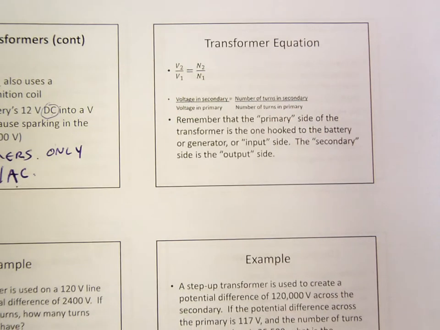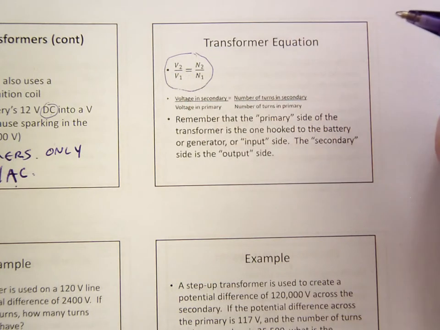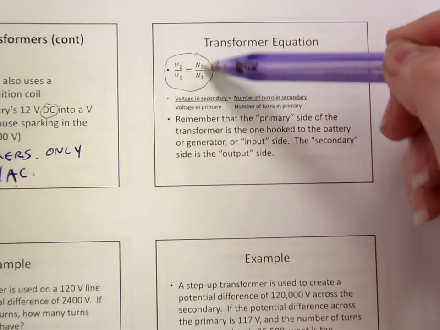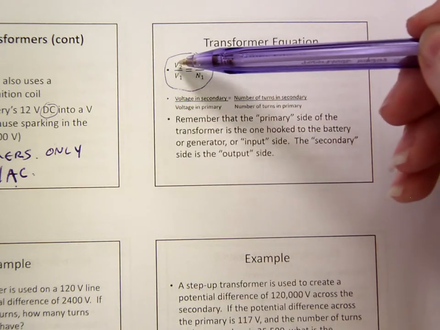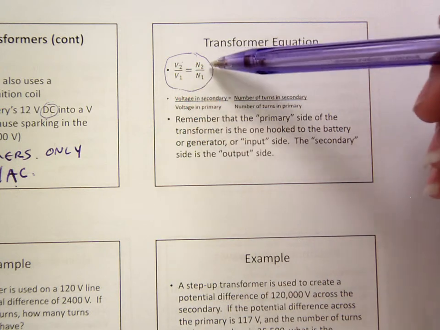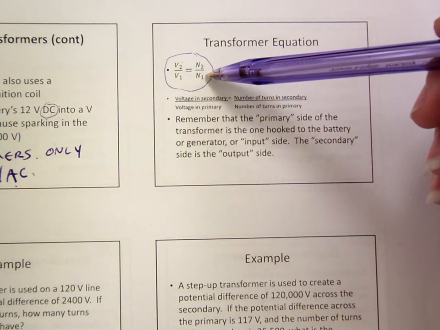Now, transformer equation. This is basically a proportion. V2 over V1 equals N2 over N1. V2 is your secondary voltage, V1 is primary voltage. N2 is the number of loops or turns in your secondary coil, N1 is the number of turns in your primary coil.